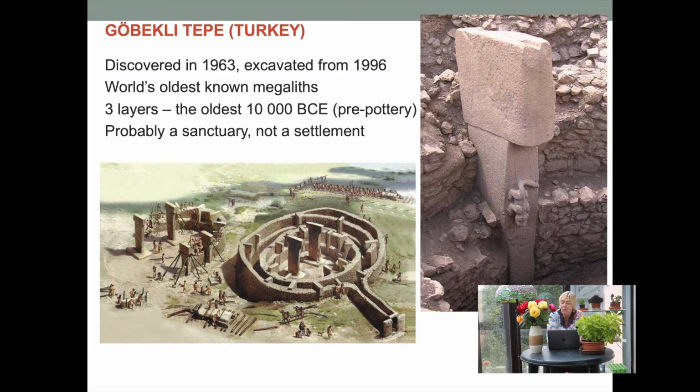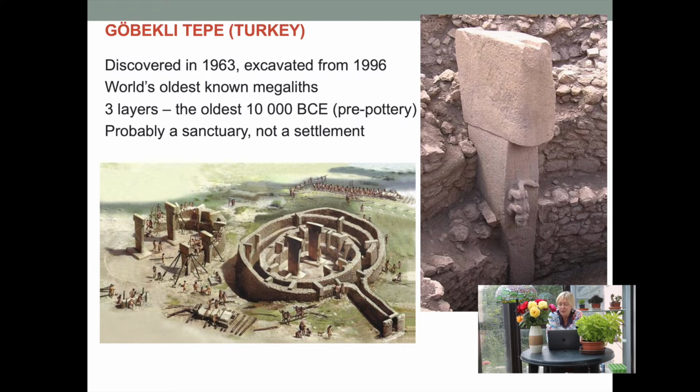So the place called Göbekli Tepe, and you can see the artistic rendition here and a photograph of one of the pillars that were discovered there. It was discovered again accidentally, as these discoveries go, in the 1960s.